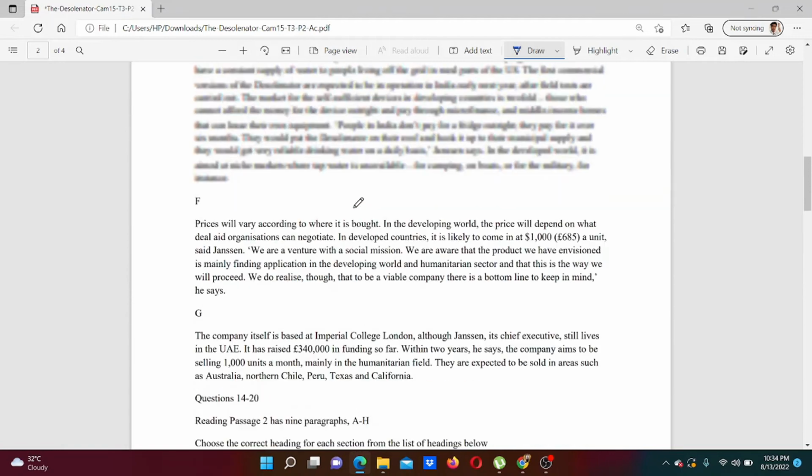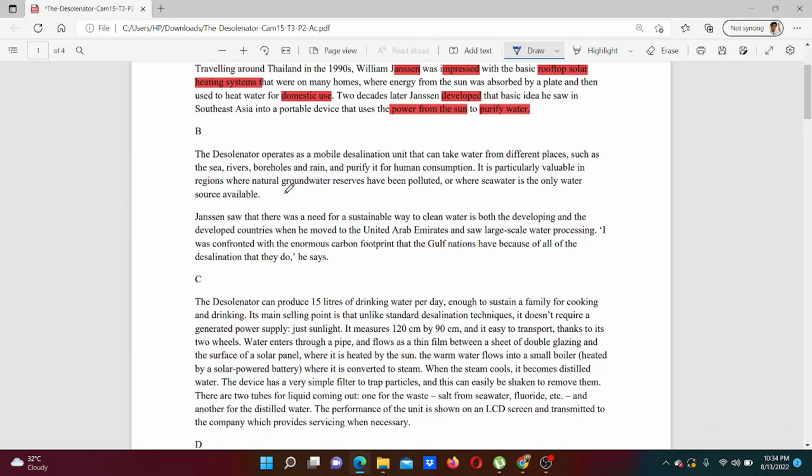Okay, then we can continue our finding. Passage B. The desalinator operates as a mobile desalination unit that can take water from different places, such as the sea, rivers, boreholes, and rain, and purify it for human consumption.